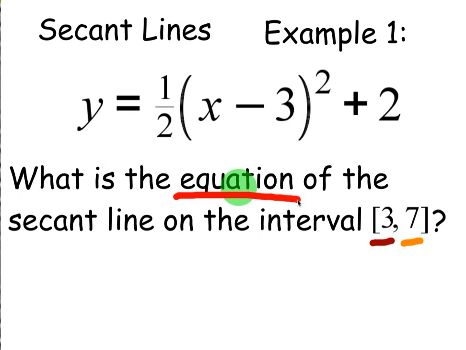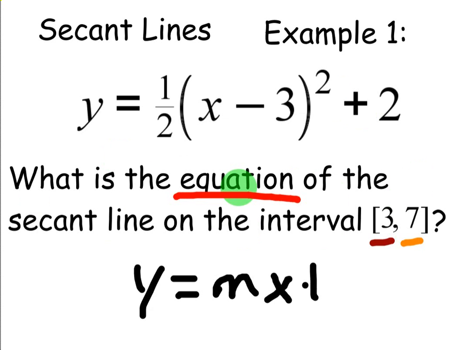Okay? Does anybody remember the equation for a line from Algebra 1? Y equals, there you go. So ultimately, our answer is going to be in the form y equals mx plus b. We're going to take a look at the graph.